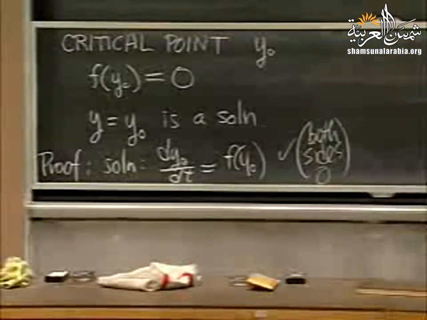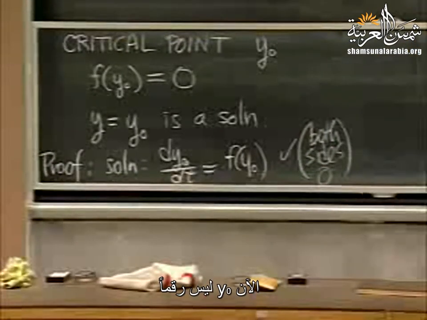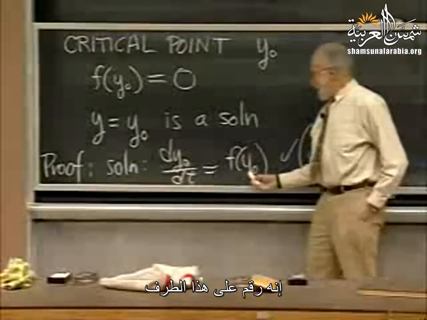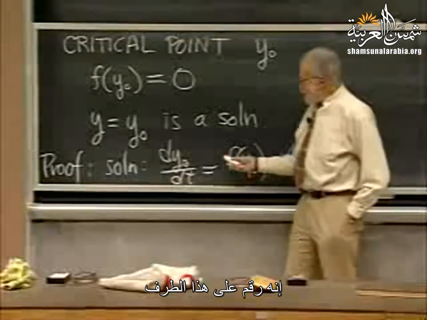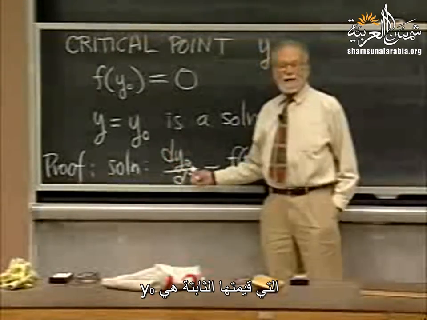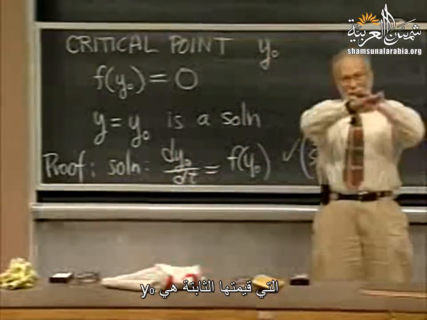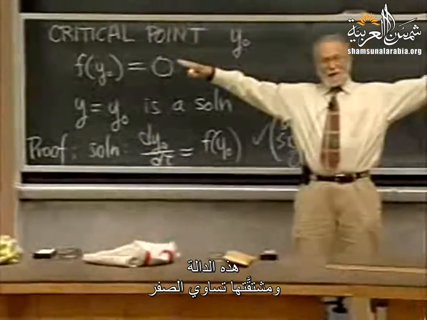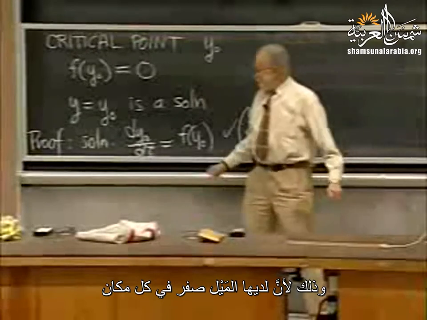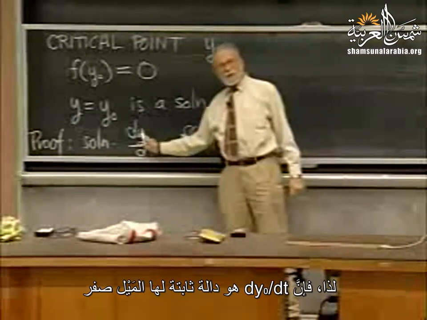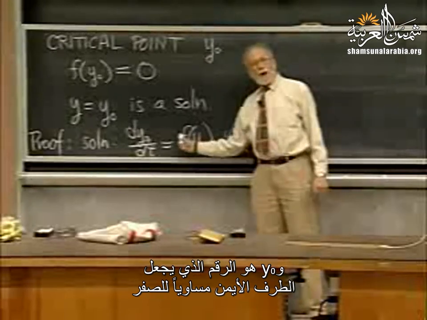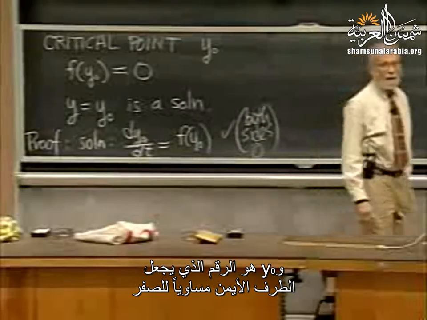Now, y0 is a number on this side, but on this side, what I mean is the constant function whose constant value is y0. Its derivative is 0 because it has slope 0 everywhere. And this is a number which makes the right-hand side 0.